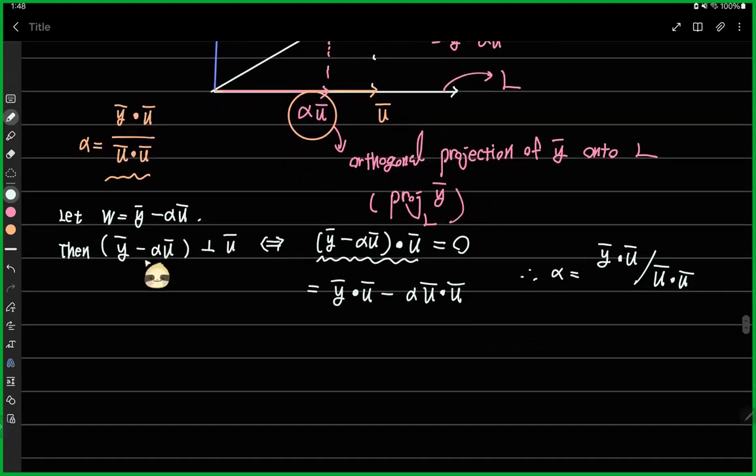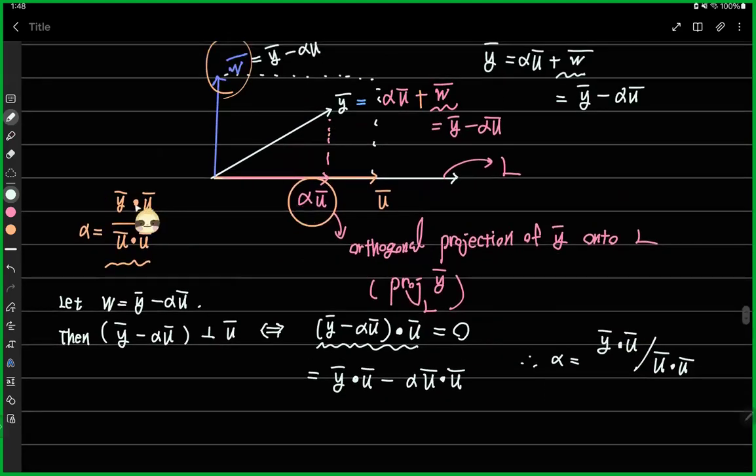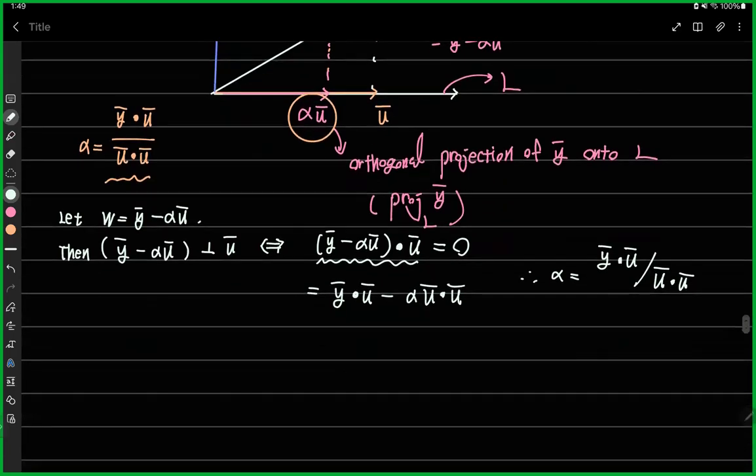So this is orthogonal if and only if alpha is equal to this fraction. If we set alpha as that fraction, then w must be orthogonal to vector u. This is called the orthogonal projection of y onto L, and it is denoted by this.